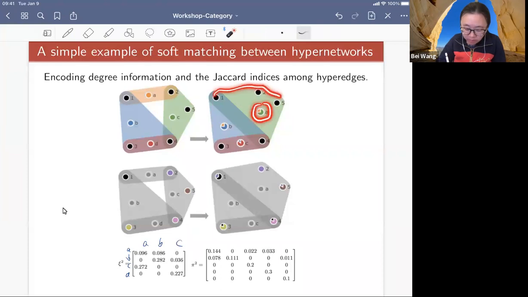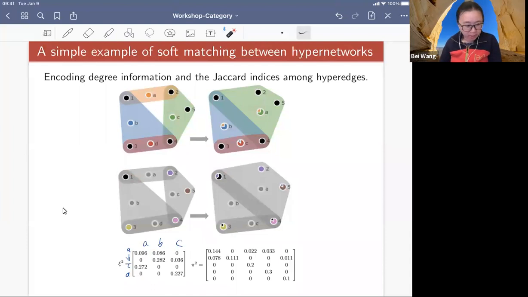What this coloring is saying is that a quarter of the mass is coming from the orange hyperedge, and 3/4 of the mass is coming from this green hyperedge. So in terms of probability distribution, it says this part is coming from orange, and this part is coming from green. Essentially, there is a probabilistic matching between the hyperedges, and that's what you get from the first coupling matrix. Similarly, you get a second coupling matrix, which is a probabilistic matching between the nodes, and those couplings are achieved at the same time.